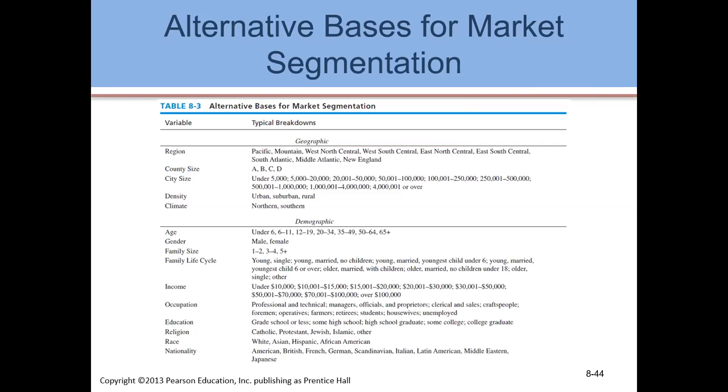Now, alternative bases for market segmentation are given below. In terms of geographic segmentation, we are concerned with region, country size, city size, density, and climate. In terms of demographic concerns, we can talk about age, gender, family size, family life cycle, income, occupation, education, religion, race, and nationality.